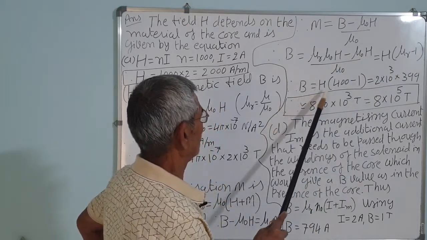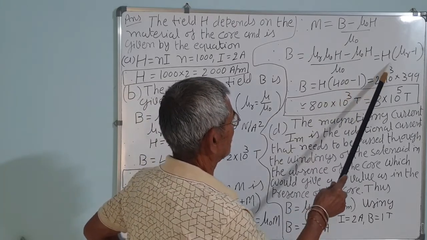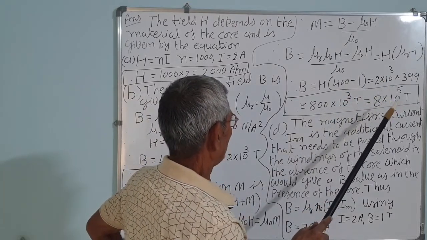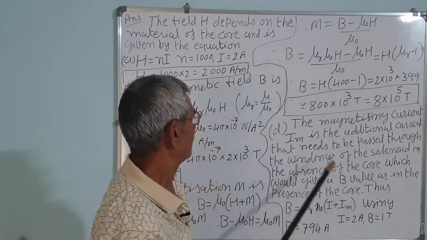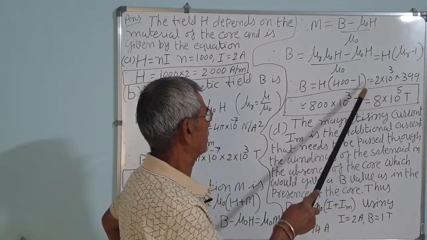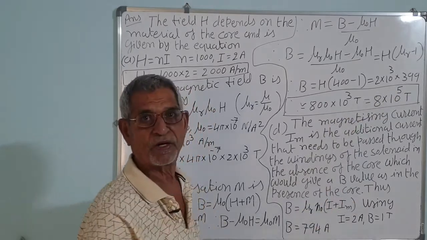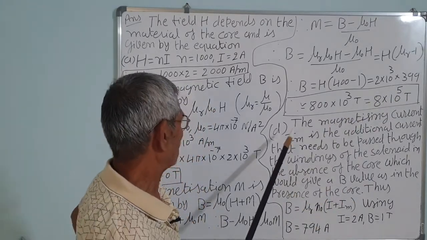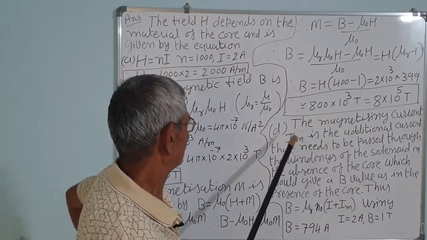Therefore B is equal to H into bracket 400 minus 1, that is 2 into 10 raised to 3 into 399, which is approximately, we can take this as 400, then this is 800 into 10 raised to 3, that is 8 into 10 raised to power 5 Tesla. So the magnetic field is 8 into 10 raised to 5 Tesla.